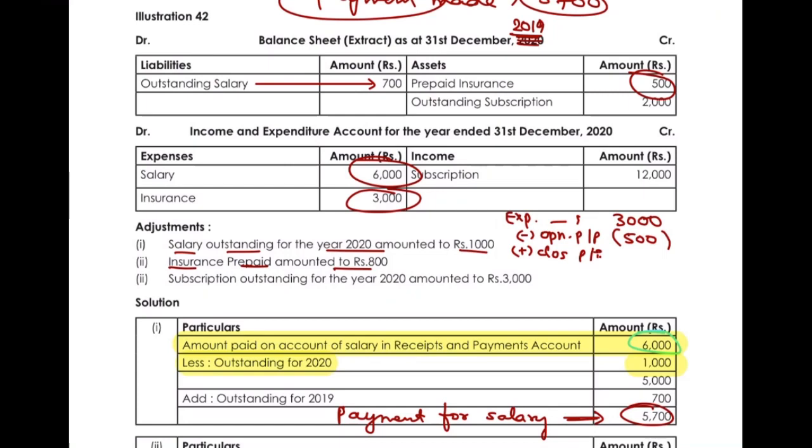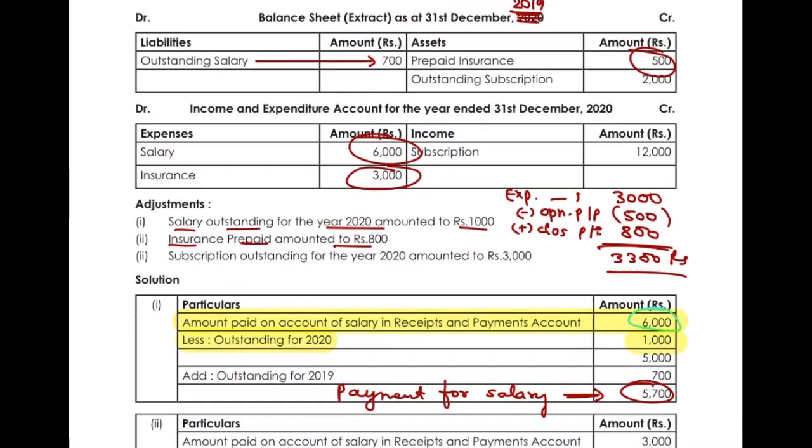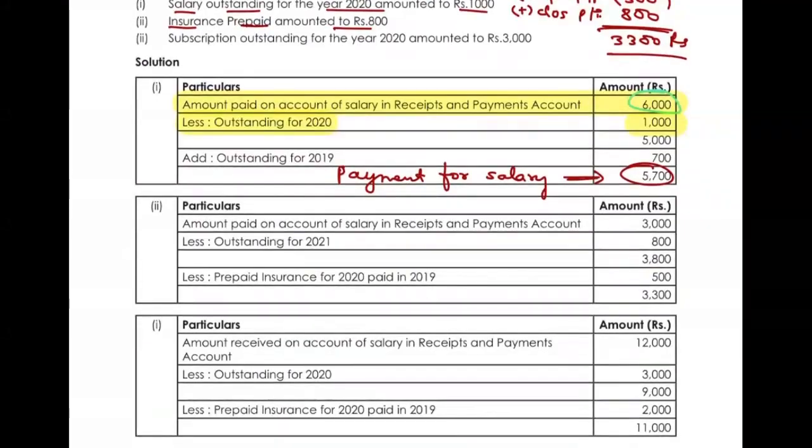Sir, why have you deducted? Because this amount was already paid in the previous year. So we do not need to pay it again. I'm calculating the receipt and payment account, what payment is being made. And the closing prepaid is 800. So I will add that. So it would be 3,300, which is payment made for expenses of insurance. Payment for insurance.